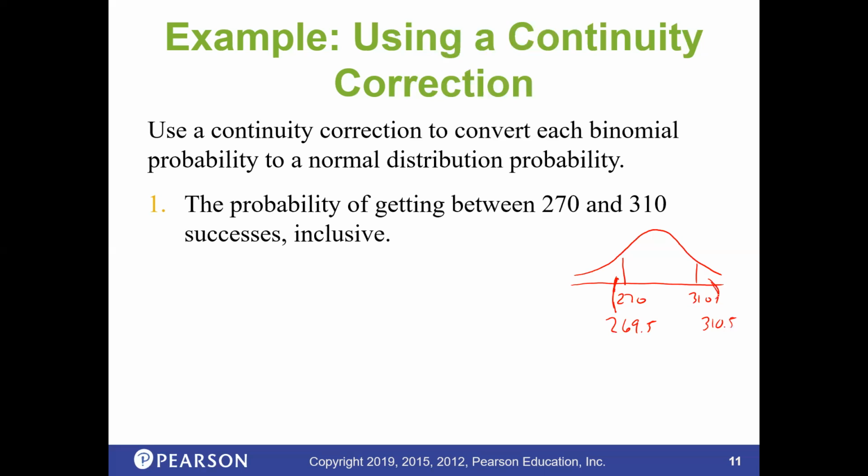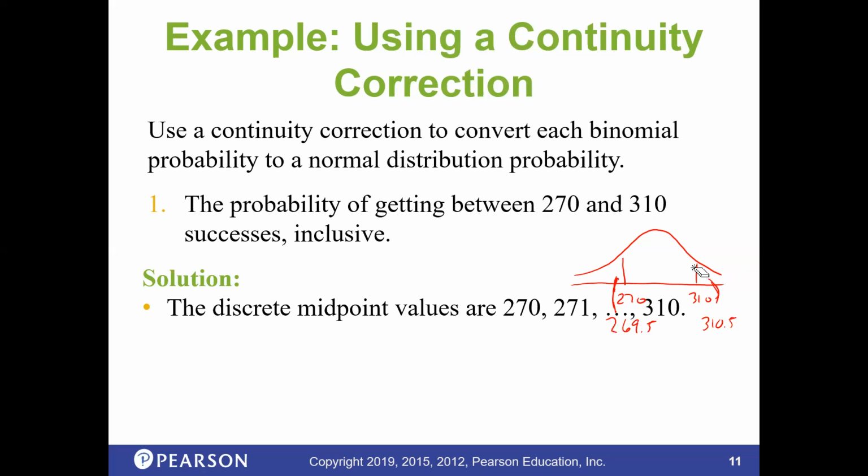So now what we've done is make it into a continuous approximation for area. If you want to write stuff down, that'd be a better way of doing it. Discrete midpoint values of 270, 271, all the way to 310.